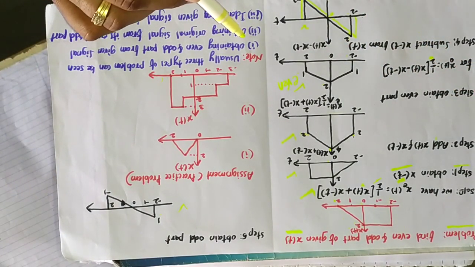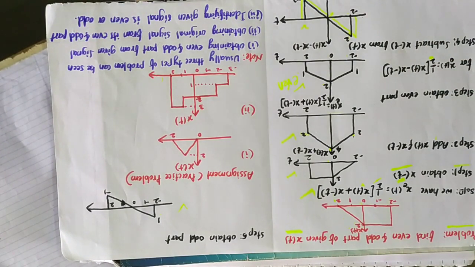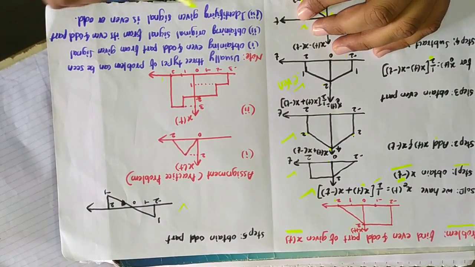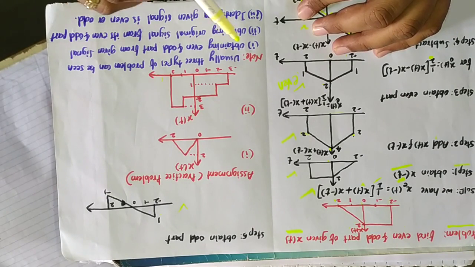Then I want you to understand this note part that I have written. Usually there will be three types of problems on the even and odd part of a given signal. Usually they will ask you to obtain the even and odd part from the given signal.